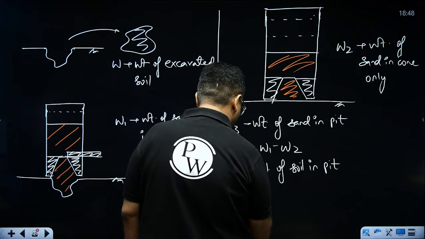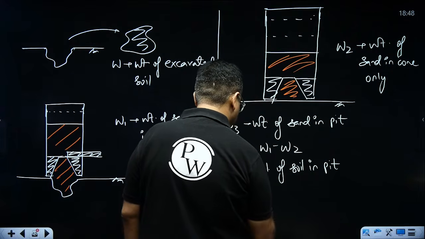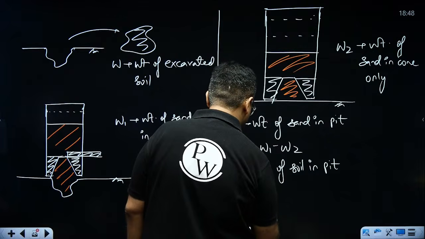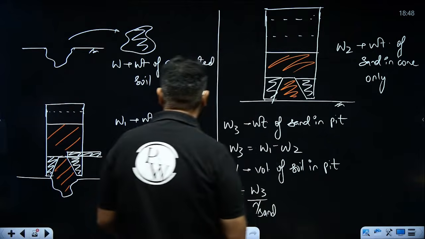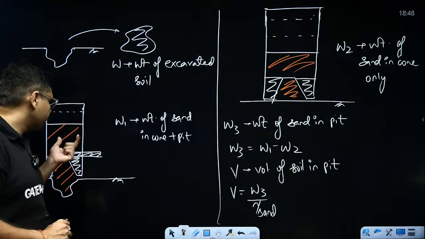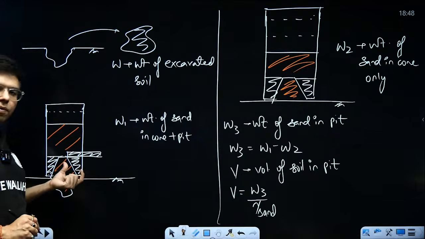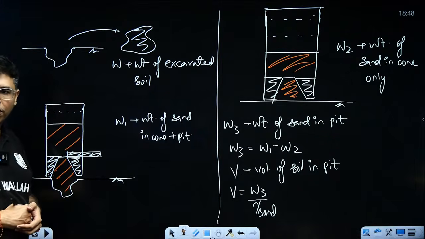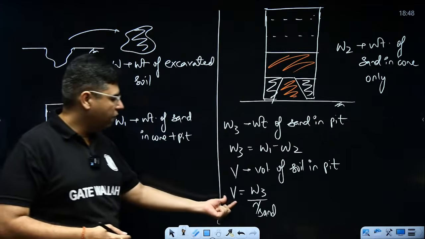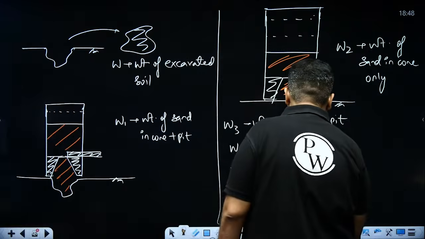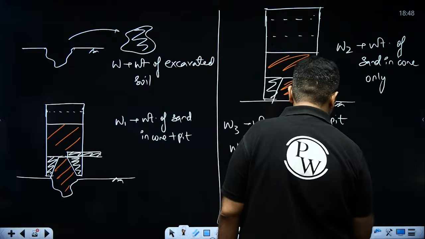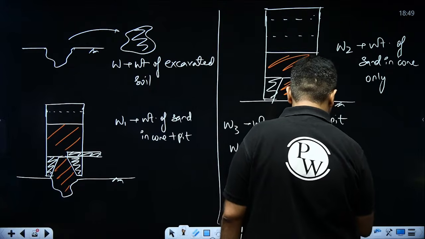This will be equal to W3, the weight of sand in pit, divided by gamma sand, that is the unit weight of sand inside the bottle, which we will already know. Once you know V, we can easily find out gamma T, that is W by V.